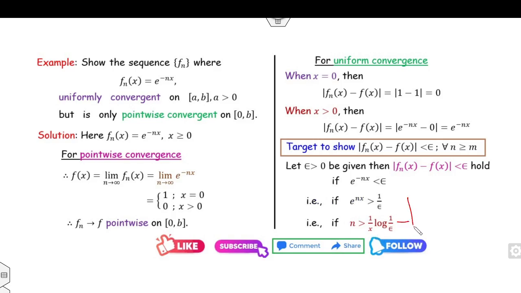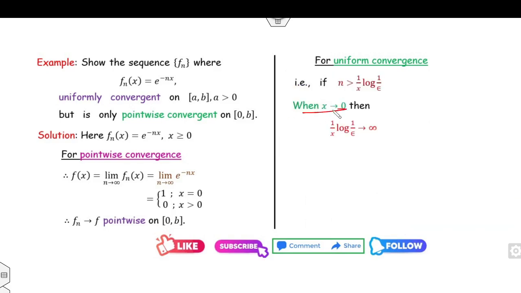Again, you have two different cases. Case 1: can you find the value of x so that this limit goes to infinity? Yes, if x approaches 0, then this limit goes to infinity. And in the second case, you have to find the maximum value of this 1 over x log 1 over epsilon.